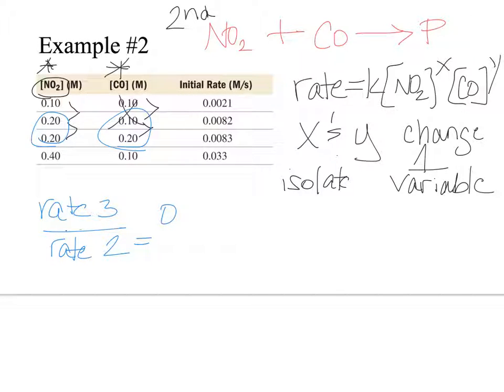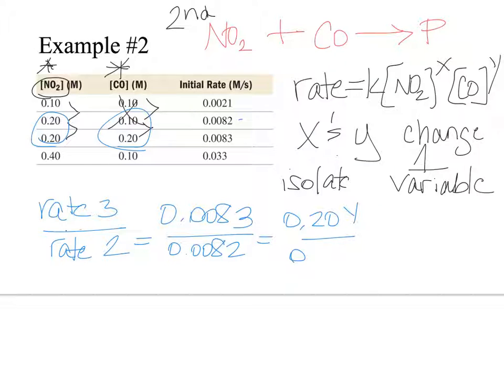So if I'm looking at 3 first, that would be 0.0083. And trial 2, the rate is 0.0082. Carbon monoxide, 0.2 to the y over 0.1.